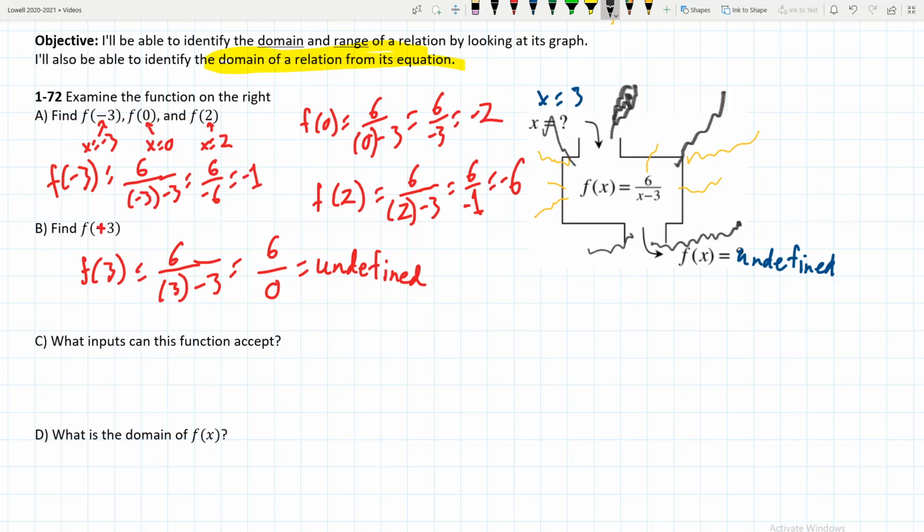And so if we think back, this means that f of x cannot accept an input of x equals 3. An example of this in real life would be like if you've gone to the store and you see the sign in the back that says we don't accept bills over $20.